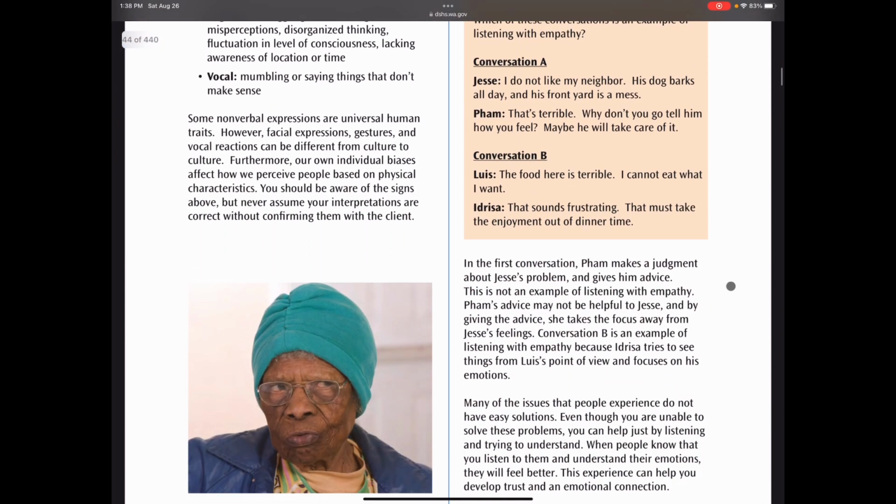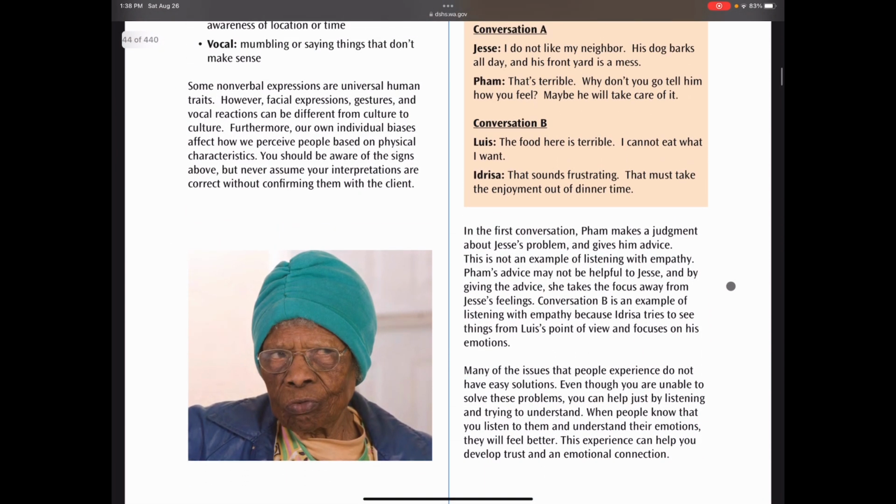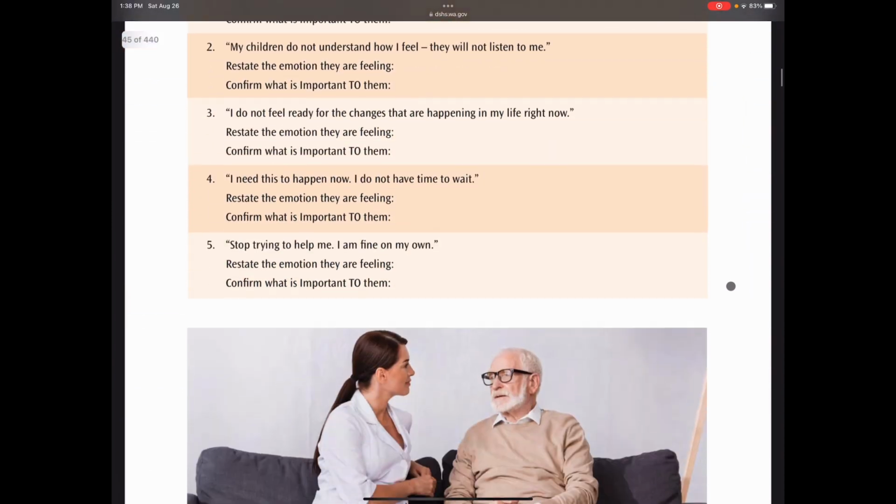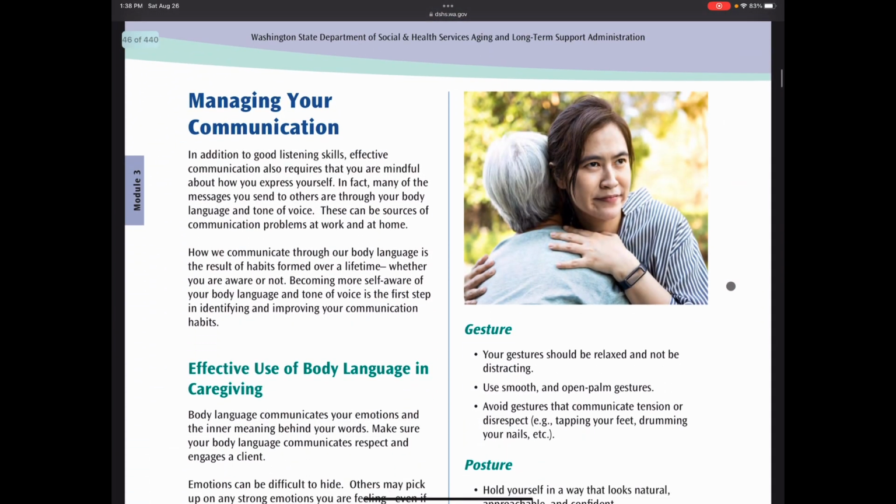Okay, let's see how to manage your communication. In addition to good listening skills, effective communication also requires that you are mindful about how you express yourself. In fact, many of the messages you send to others are through your body language or tone of voice.